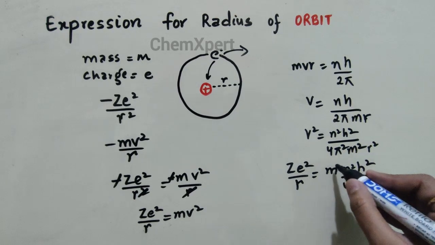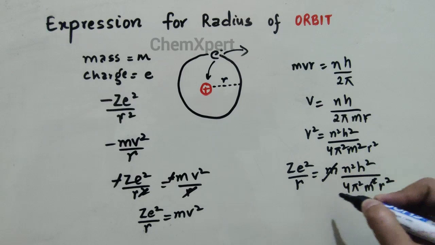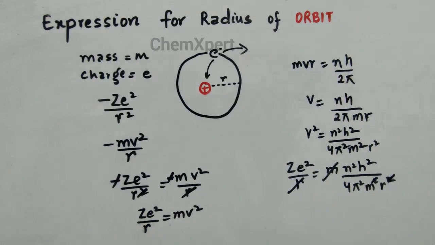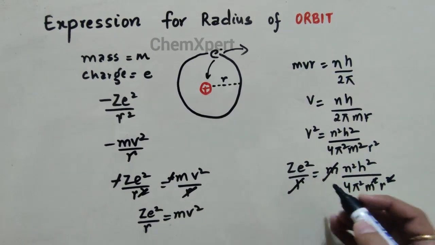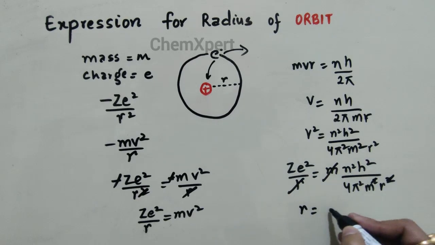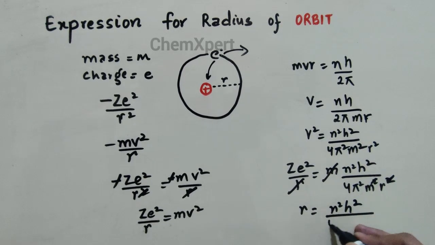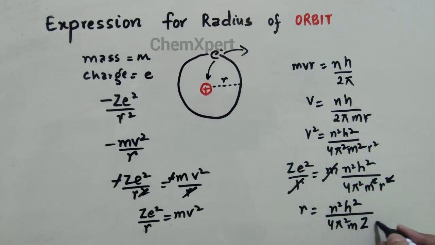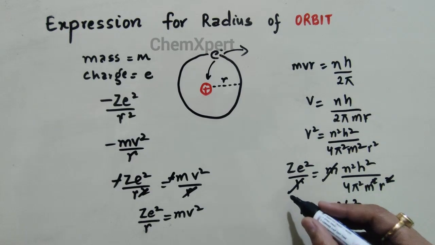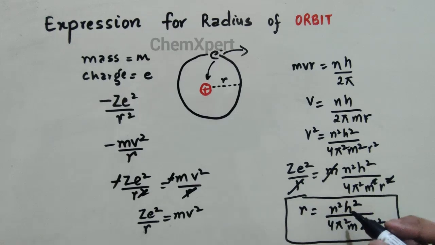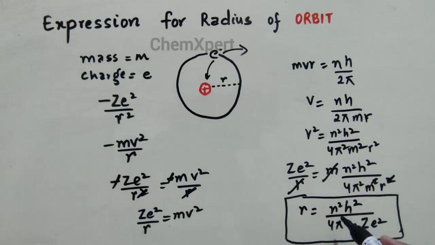Now cancelling the same terms, m cancels with m, and r cancels with r. Now moving r to the upper side, we get r is equal to n square h square over 4 pi square m Ze square.